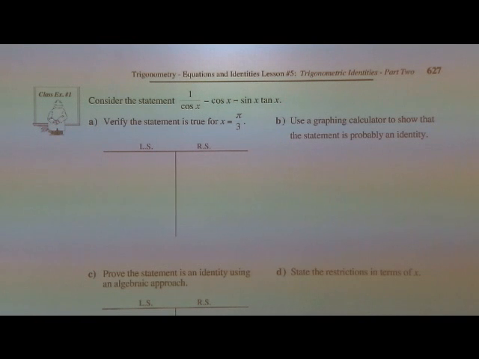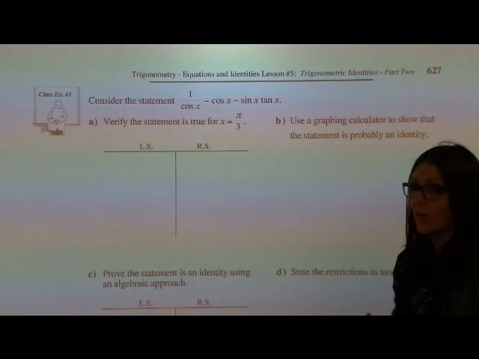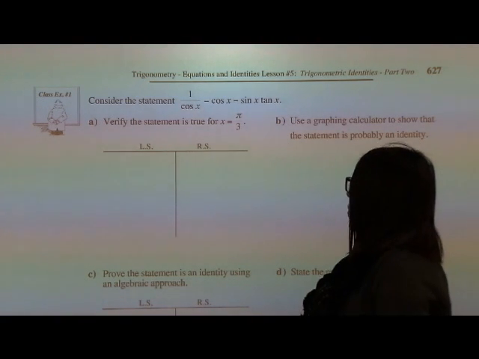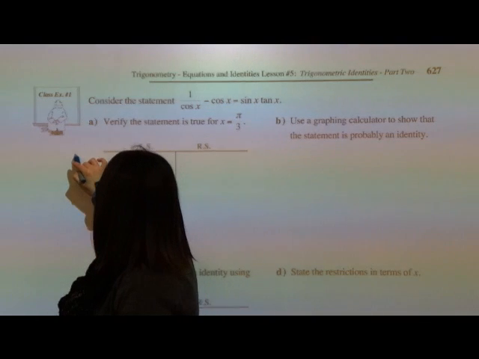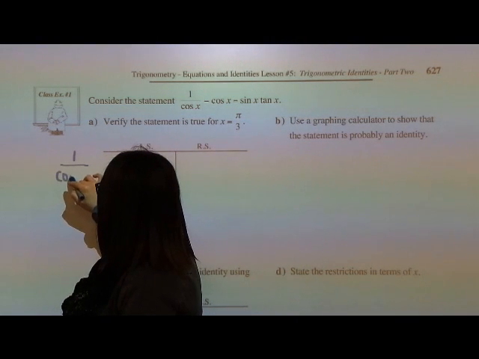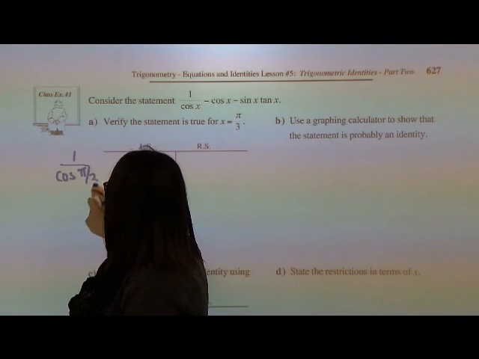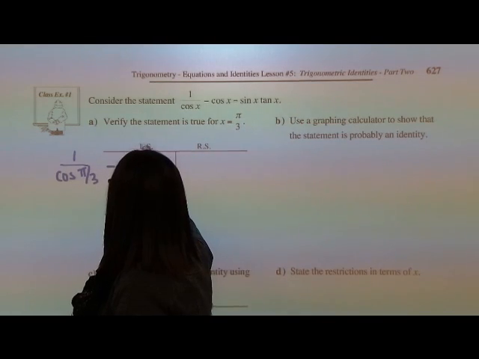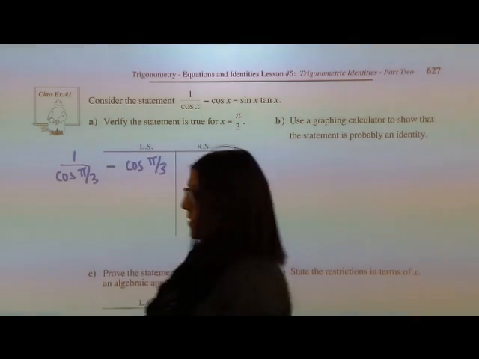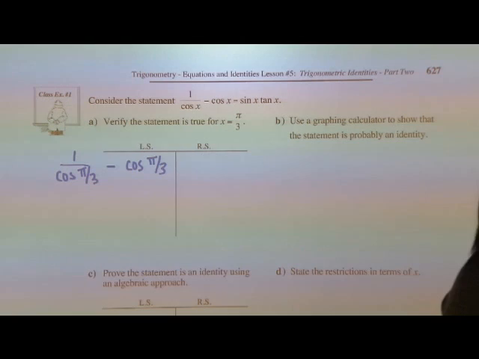So it says, consider the statement 1 divided by cos x minus cos x equals sine x tan x. Verify the statement is true if x equals pi over 3. So if I was to put this into my calculator, 1 over cos pi over 3 minus cos pi over 3 would be on the left-hand side.